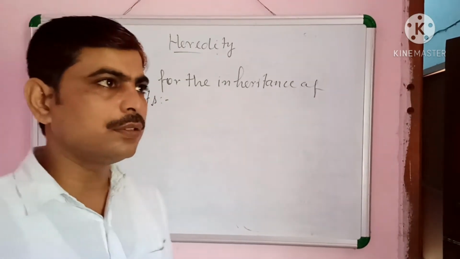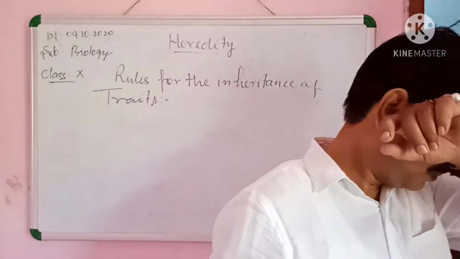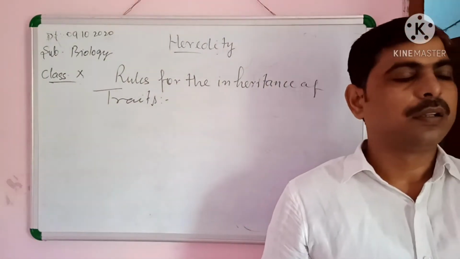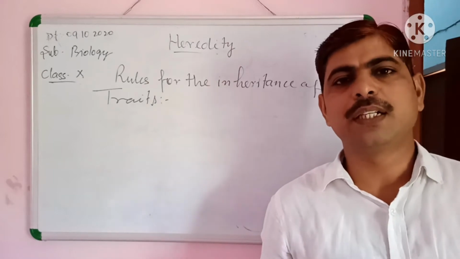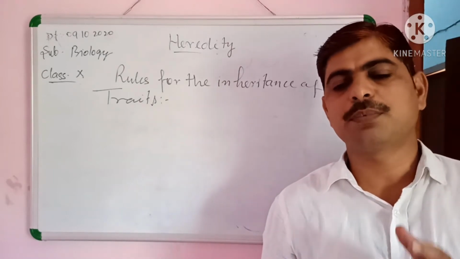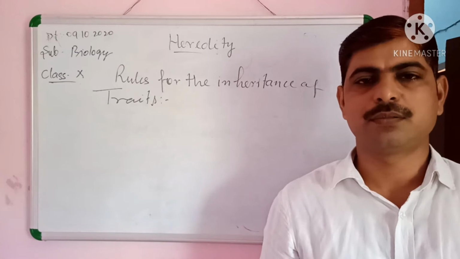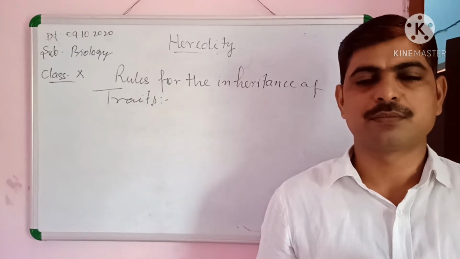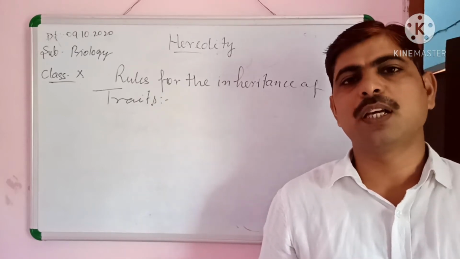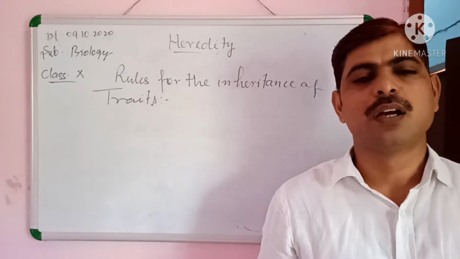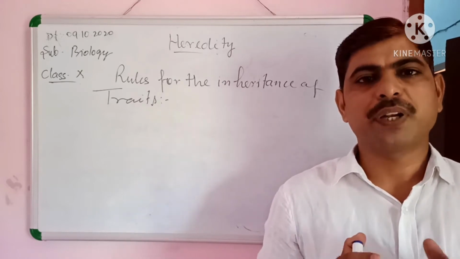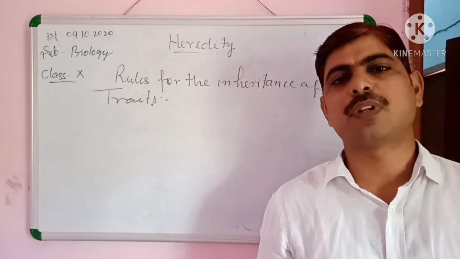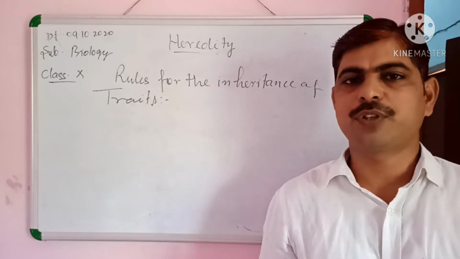Dear students, in human beings, the basic rule of inheritance is related with the fact that both the parents, mother as well as father, contribute practically equal amounts of genetic material to the child.